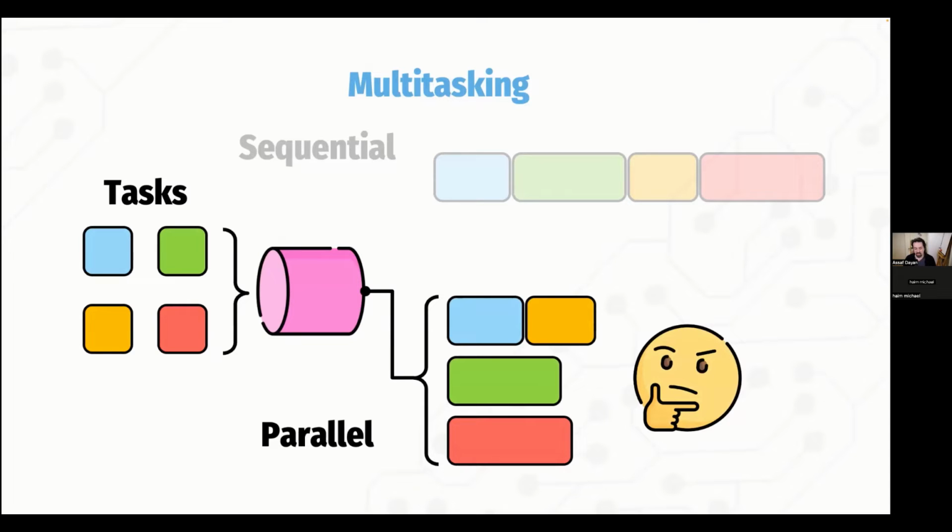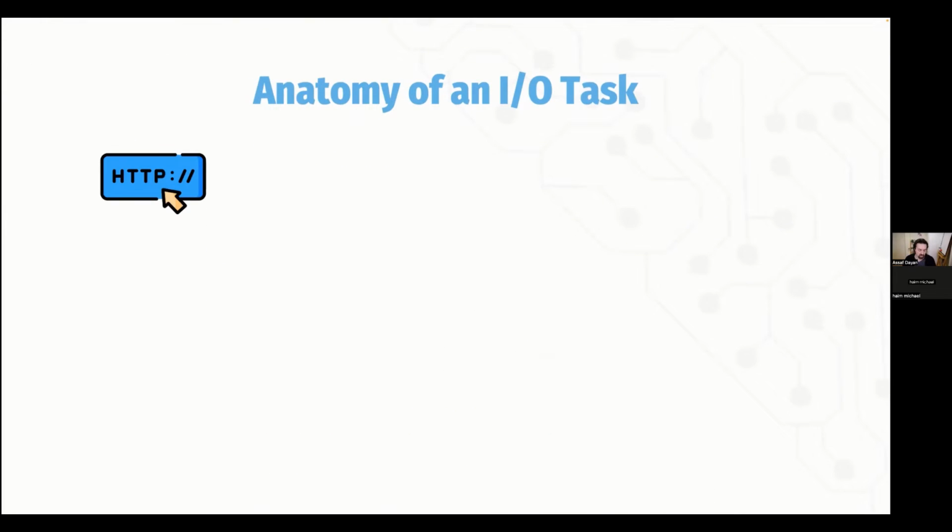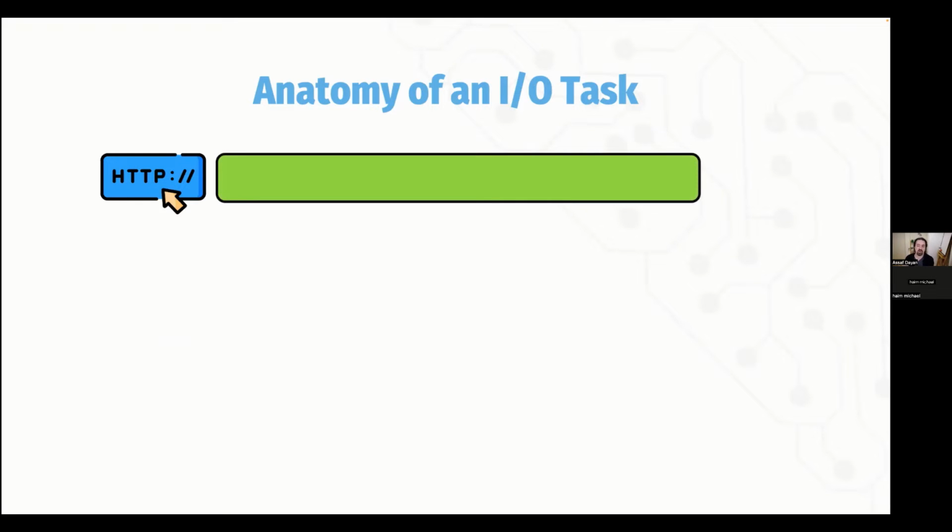To understand if that is the fastest way to do it, let's understand the tasks we're talking about. Our tasks are network-bound tasks, as we said, which means these are HTTP requests, IO-centric tasks. We'll analyze a typical task, an HTTP request. The green part is the request, and it has three main parts.